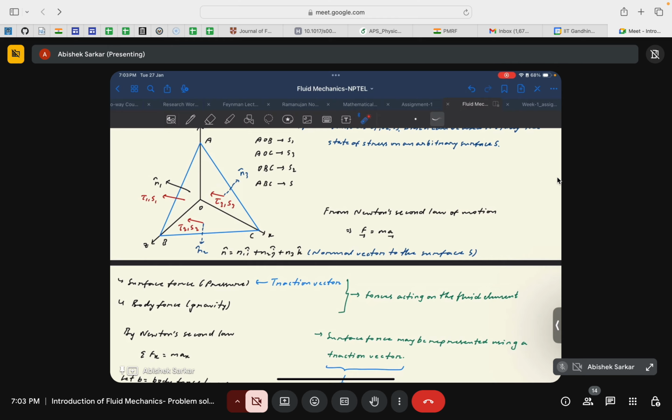This surface force and body force are coupled by the Navier-Stokes equation, the fluid momentum equation. If the body force explicitly affects the fluid motion, then of course it will affect the surface forces. Is this clear, Gunjan?